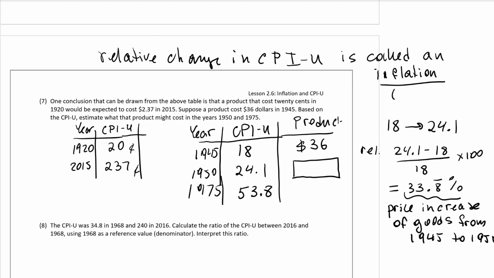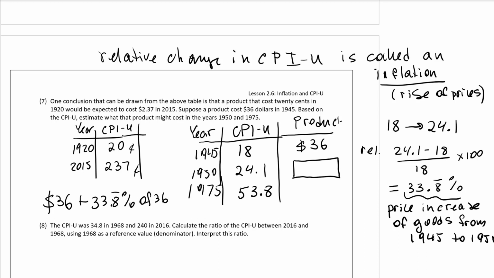Inflation is a rise of prices. Deflation is when the prices go down. So we'll have an example of deflation later on in this lesson. Okay, so now if the product that cost $36 underwent the same increase, that means we want to take the $36 and we want to add 33.8%, repeating, of that $36.